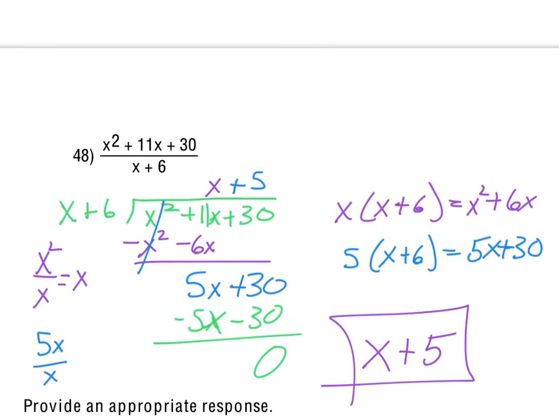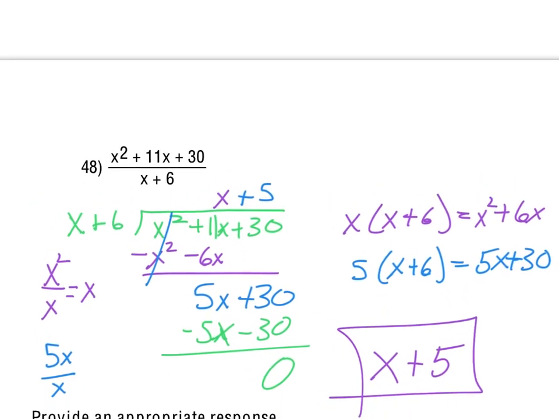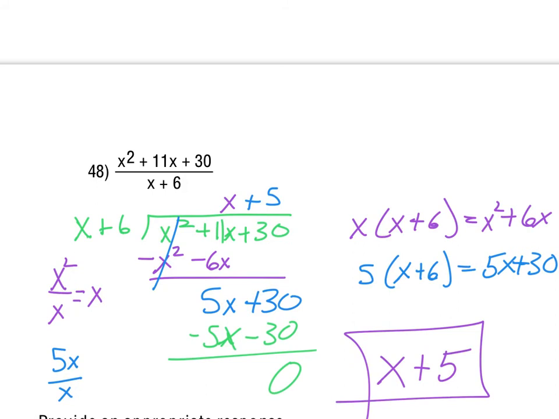Real quickly, if you want to see what synthetic division looks like for that one, we take our x plus 6 and we do a negative 6 here. What that does is allows us to add the whole time.